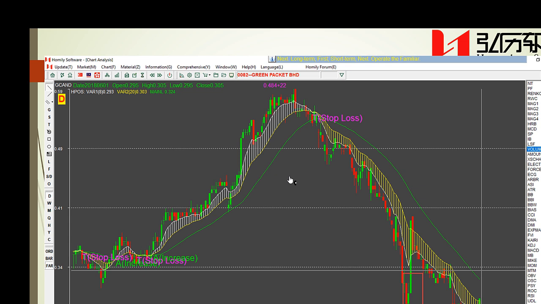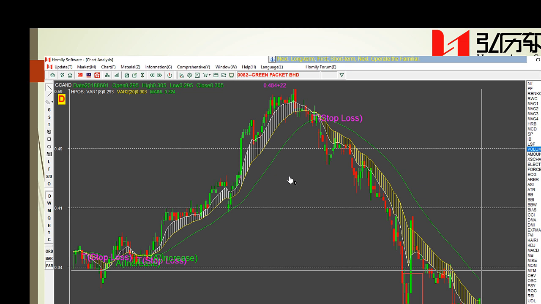Because usually I mentioned, if the price drops below the white band, we should sell it, right? We should decrease our position, right? Here the price drops below the white band, so usually we will sell it, but in this case we have no need to sell it, because it is a good signal, as it can get support from the green line.